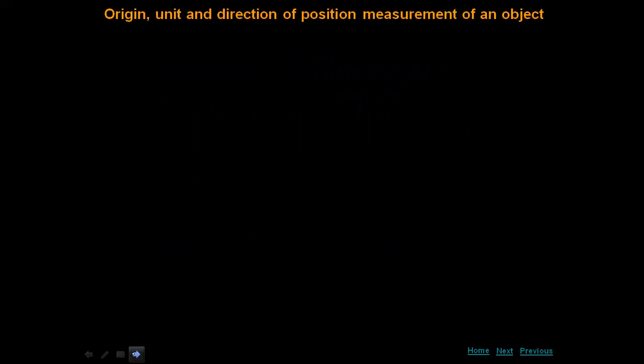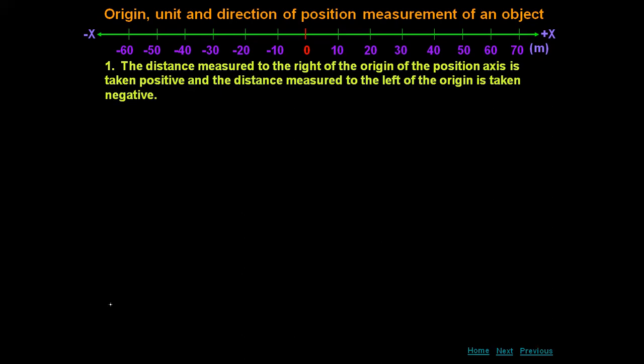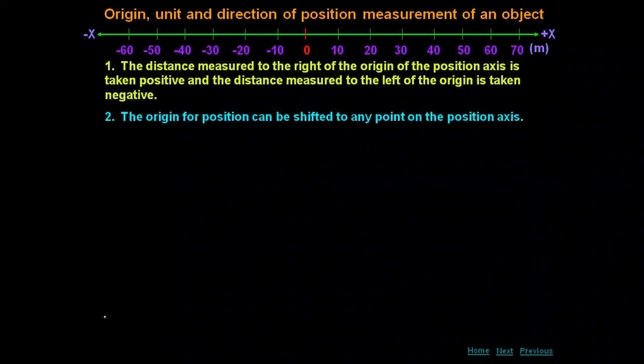Origin, unit, and direction of position measurement of an object. Suppose that we have different positions, and at the center there is 0. When we take the increasing magnitude direction to the right-hand side, that is called the positive direction. Taking the direction of decreasing magnitude, that will be the negative of the x-axis. So the distance measured to the right of the origin is positive, and the distance measured to the left of the origin is negative.